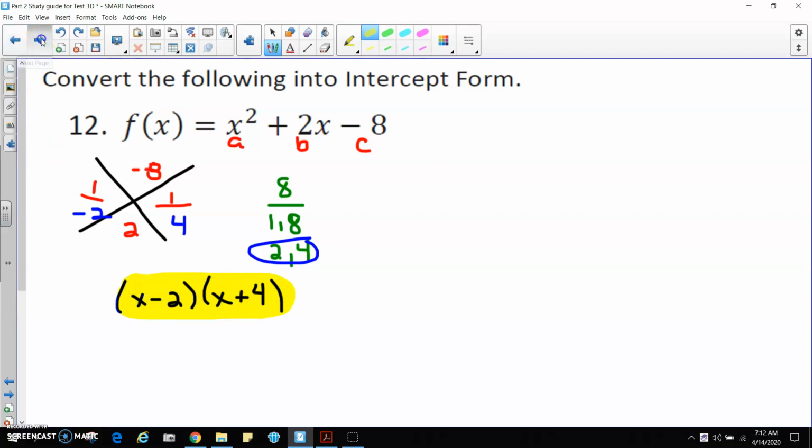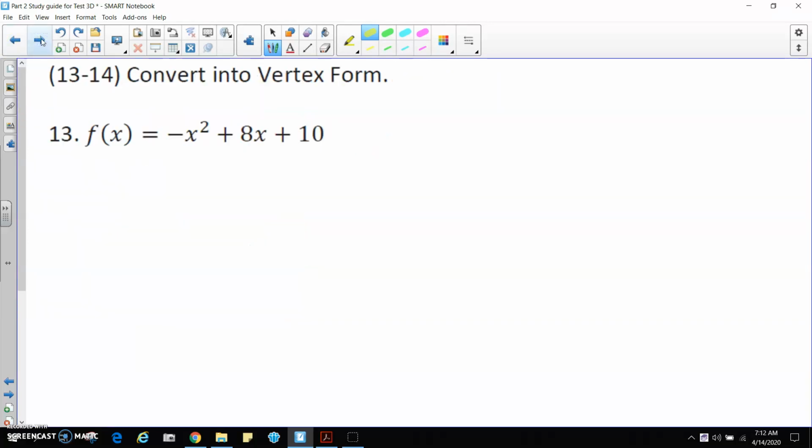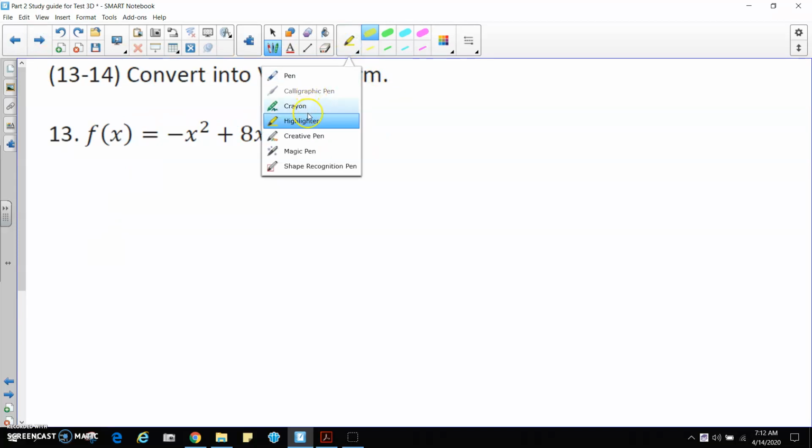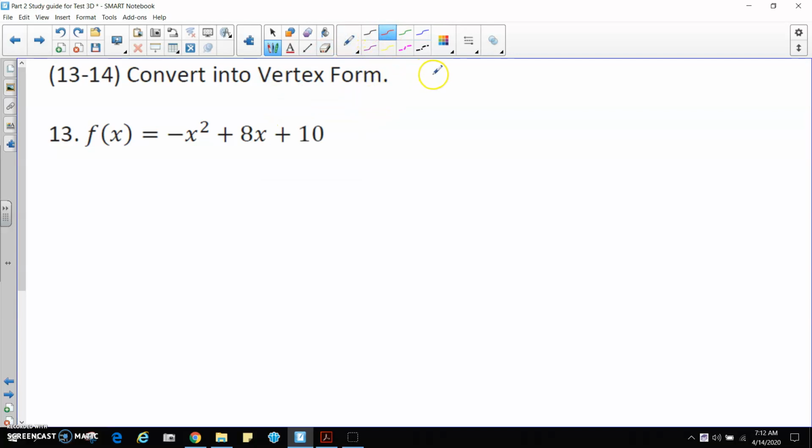Moving on. Number 13, vertex form. A little different, but not any harder. We will start by recognizing what vertex form is. Vertex form is when we say A times (x minus h) squared plus k.